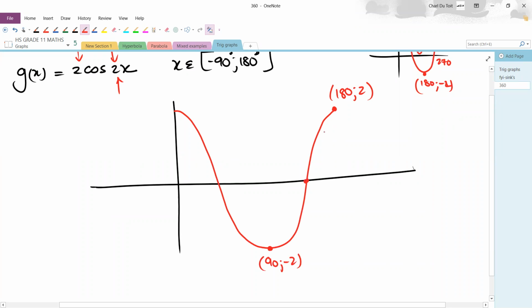Then halfway all the way to 180 is what? Is 135. That's 45, 45. And that is 45 and 0. Oops, 45 degrees. And that is 1. And then negative 90 just goes 90 back. Negative 90 and negative 2.